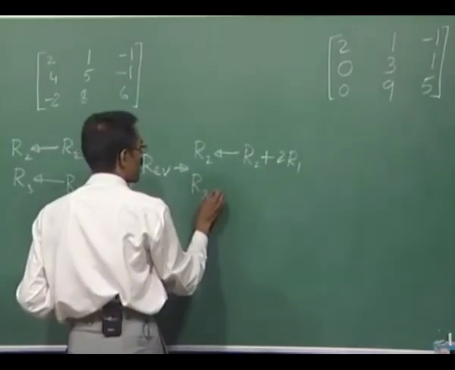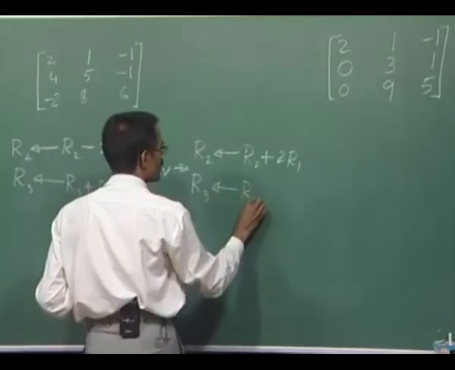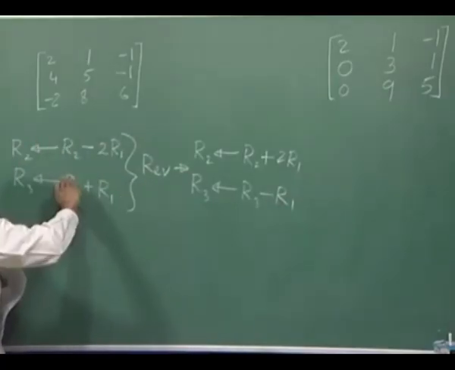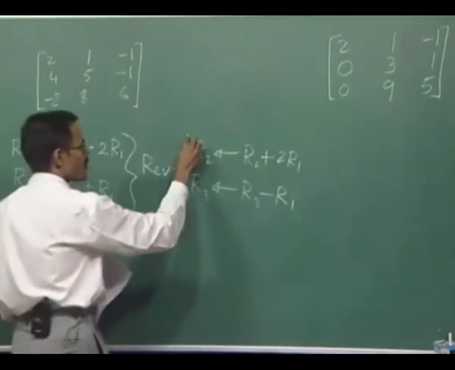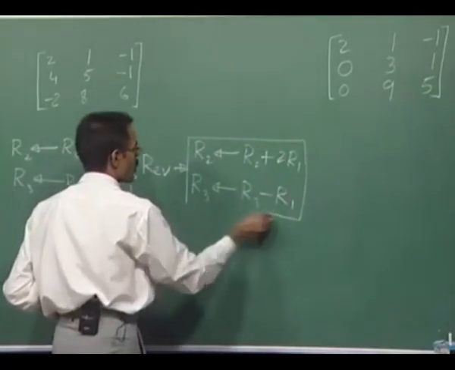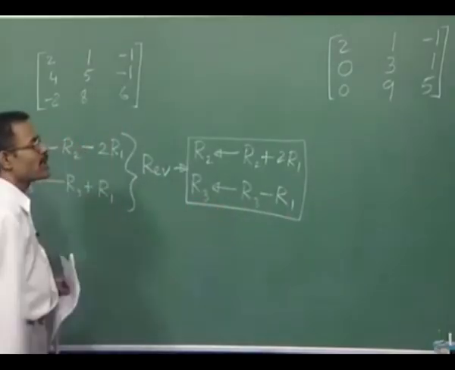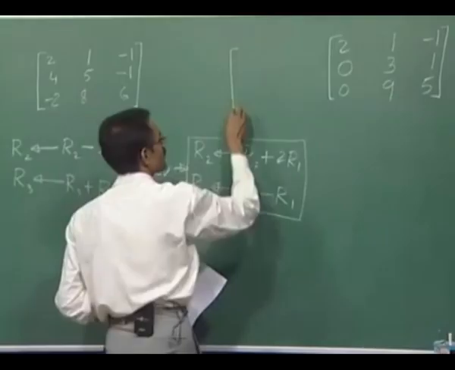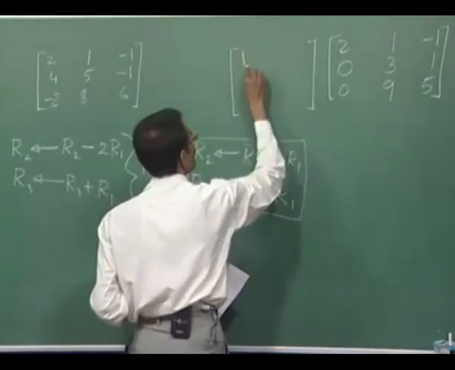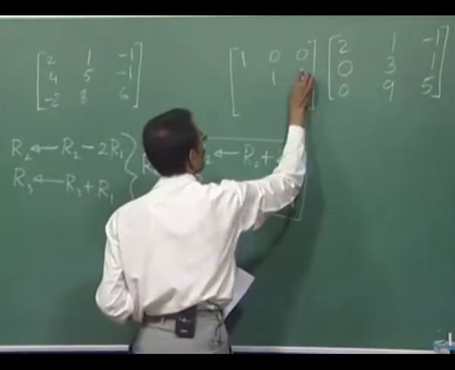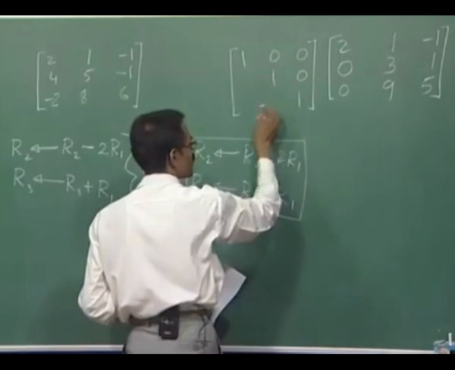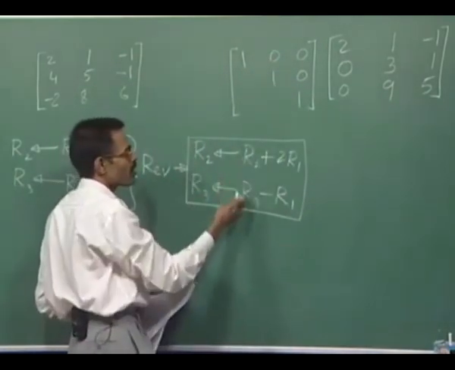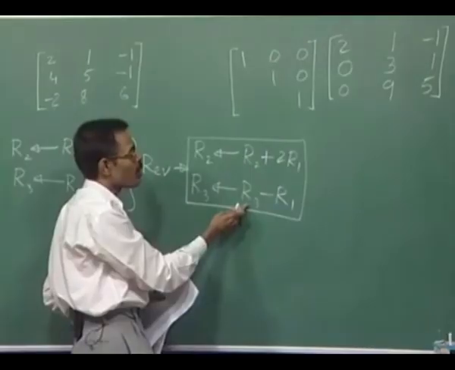Similarly, R3 should get updated with this. That will be restoring the original matrix, right? So, what is the corresponding elementary matrix for this? The elementary matrix for this is 0, 0, 0, that identity matrix changed through these row operations.